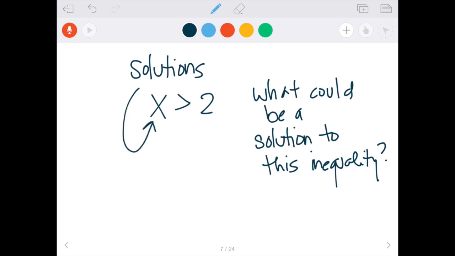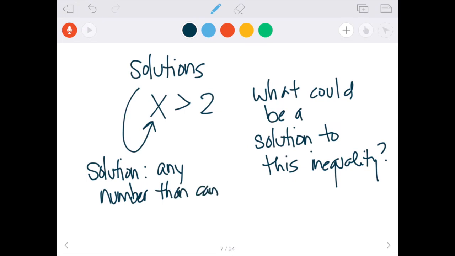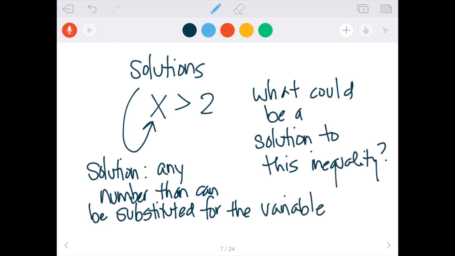Any number that X could be, or Y, or Z, or D, whatever the variable is. Any number that can be substituted for the variable and make a true statement.